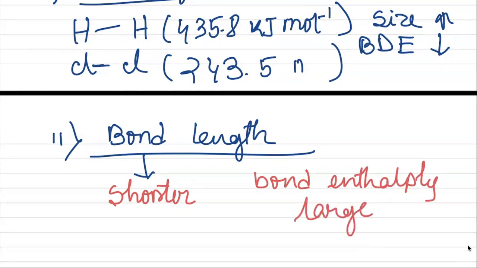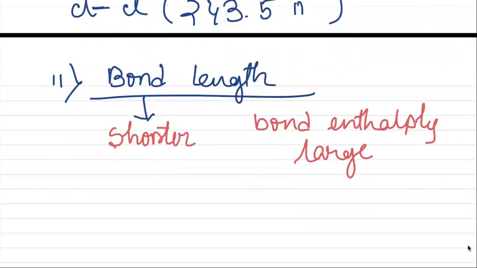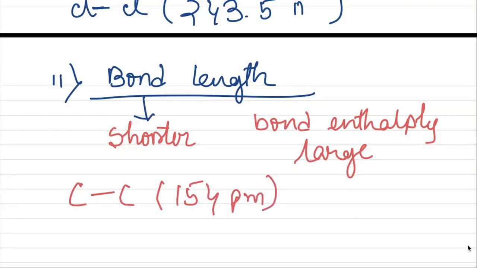Just like the carbon-carbon bond length is 154 picometer, whereas the carbon-carbon double bond length is 134 picometer.